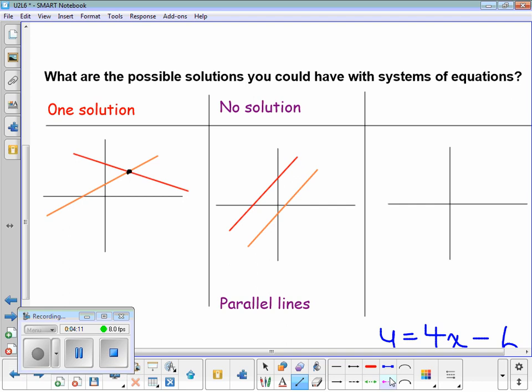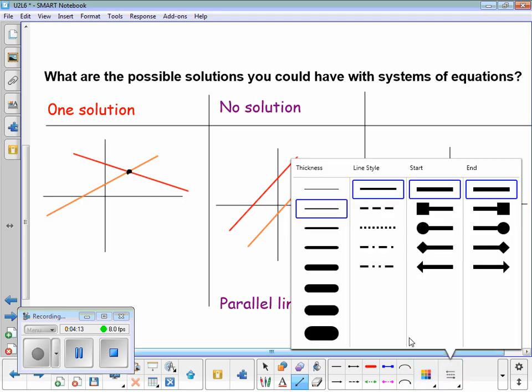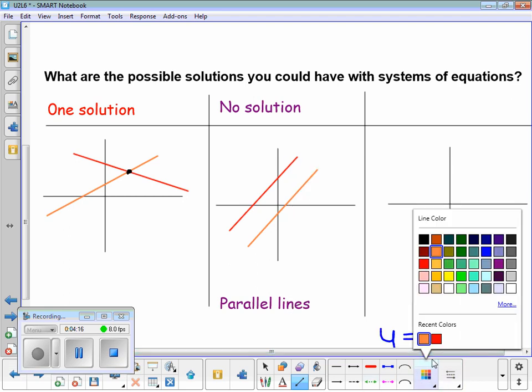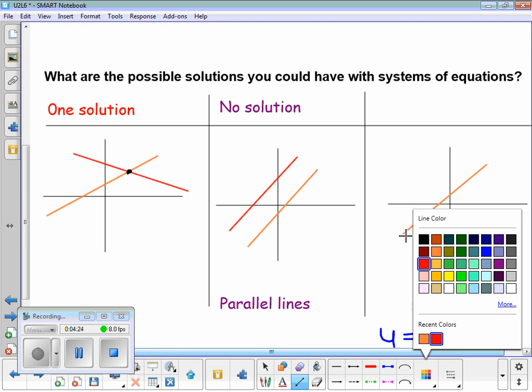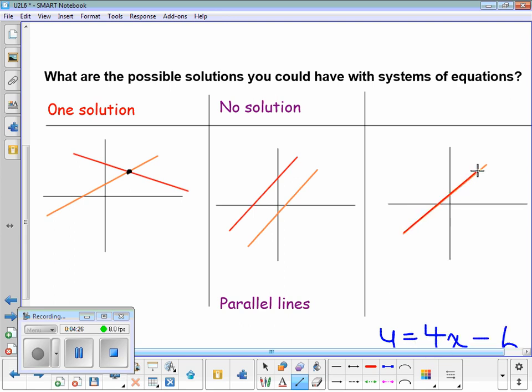The final kind is a little bit harder to understand, well, it's not harder to understand, it's just different, in the sense that I have one line and then I have another line like this. And you're saying, what happened to the first line? Well, it's still there.